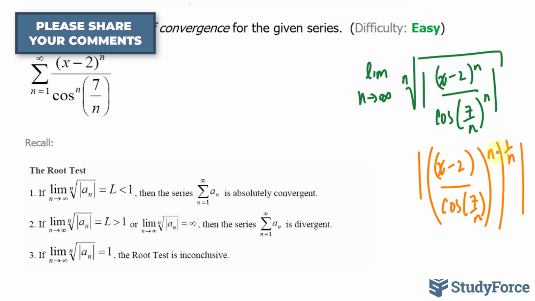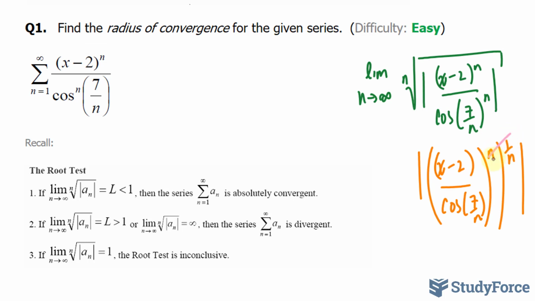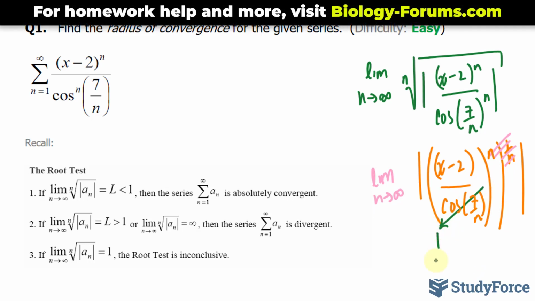The good thing about this is that if we multiply the exponents together, we end up with no more exponents, an exponent of 1 technically. And if we take the limit as n approaches infinity for the bottom term, we end up with 7 over a very large number. That becomes 0. So cosine of 0 is equal to 1. So this becomes a 1.